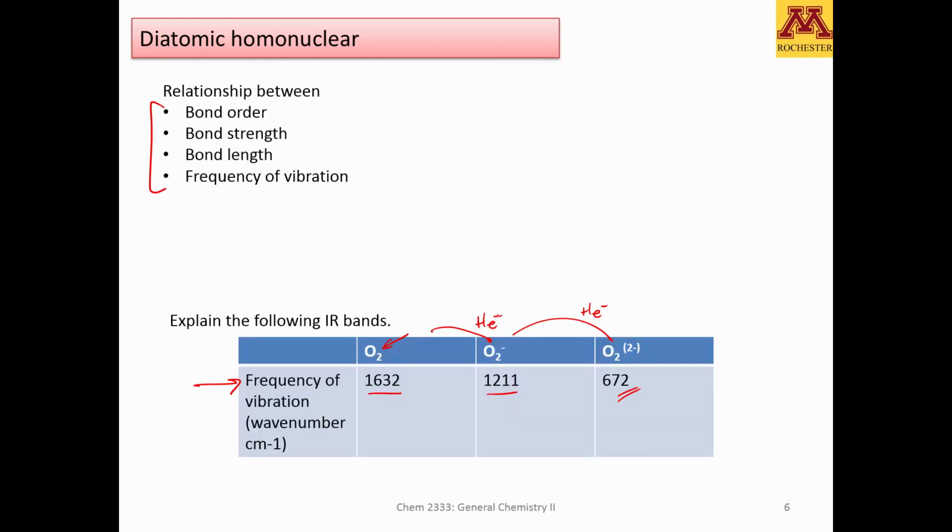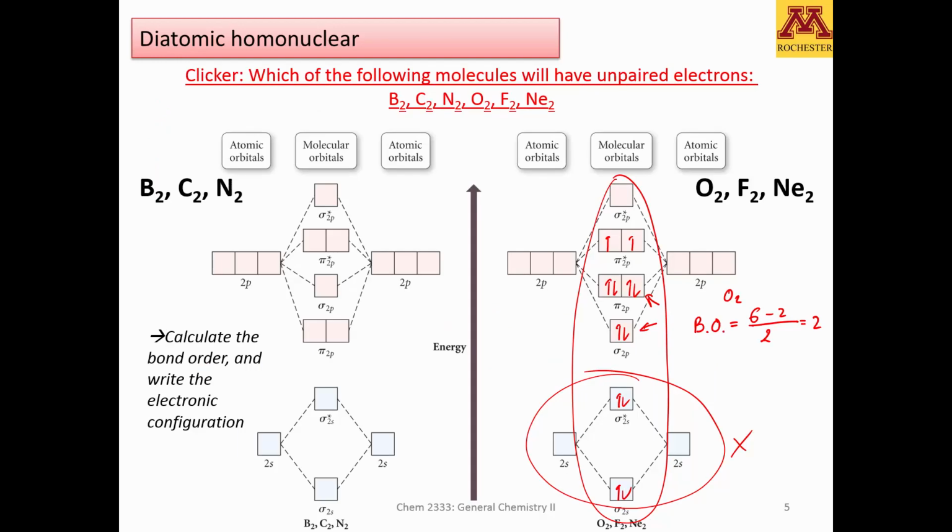Now, what happens if you add one electron? The bond order for O2 negative, you add 1 here. Now suddenly you have 6 minus 3 divided by 2, this is 1.5. And if you add yet another electron, the bond order for O2 2 negative shall be 6 minus 4 divided by 2, which is 1.